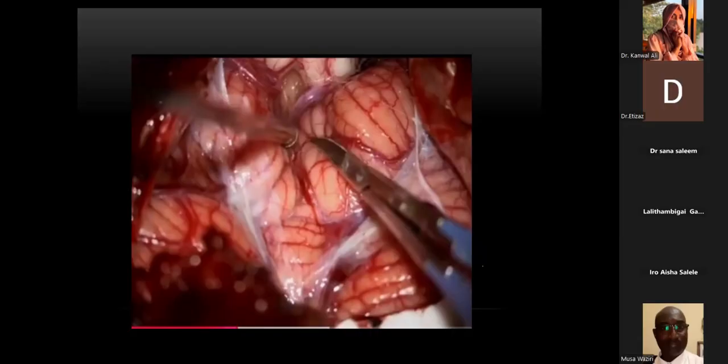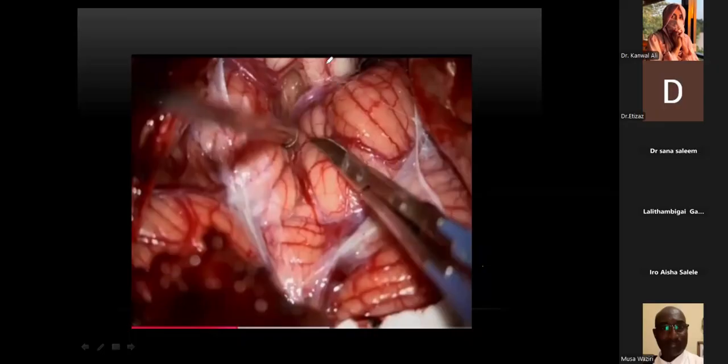So the surgeon is standing on the head side. When the surgeon is standing on the head side, this is the view from the head side. When the surgeon is standing posteriorly, not behind the patient's head, you will see that the cerebellum is above and the medulla oblongata is below. So you are right. This is cerebellum and here is the medulla oblongata downward. So it is very important.